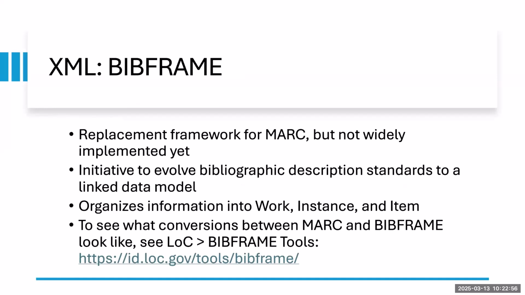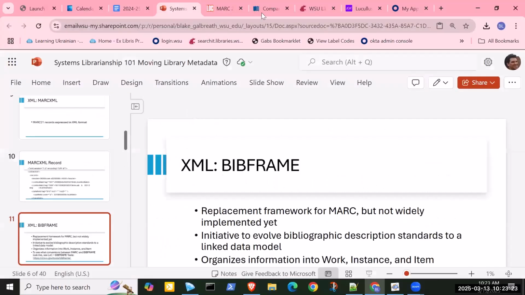And the biggest difference here in terms of the XML that you're going to see is that it's really transforming the data. It's not just transforming the format, but it's transforming the data into these conceptual organizations of work, instance, and item. And Library of Congress has this interesting tool that I thought would be fun to look at, where you can see how these conversions look.